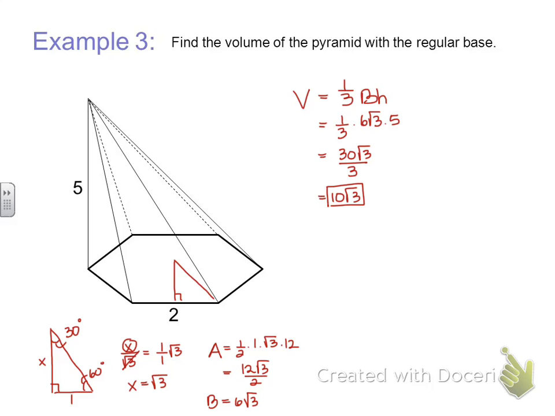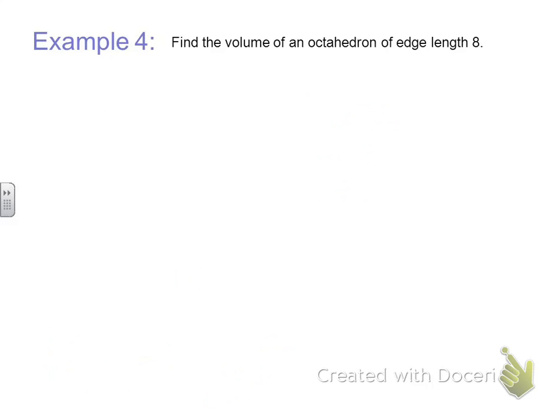Is everyone comfortable with that one? Okay, so I'm about to take it up a notch. The next problem I'm going to ask you about is to find the volume of an octahedron. First things first, is an octahedron the same thing as an octagon? No. What is an octahedron? What does it look like to you guys?